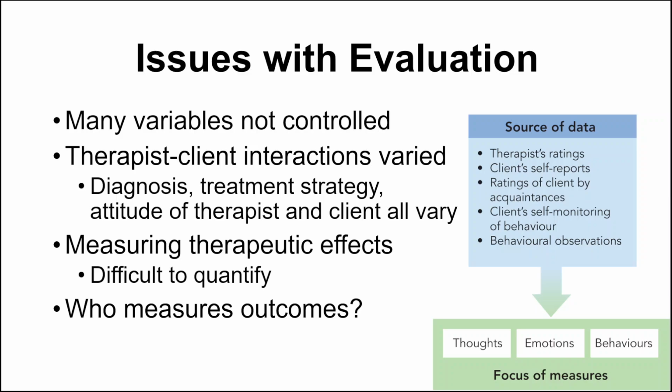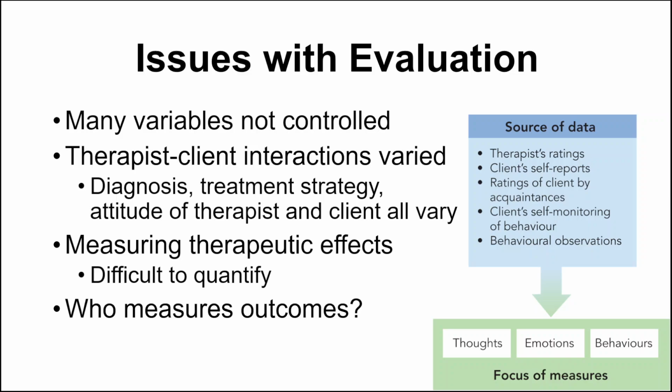Basically, you need the client and therapist to click, where a therapist might be super effective with one person because they happen to think in a way that works together well, but another person might come in and get nothing out of that same therapist just because something didn't quite work for them. So these interactions can vary dramatically depending on a whole bunch of other factors. And again, other factors we might not be controlling or measuring.